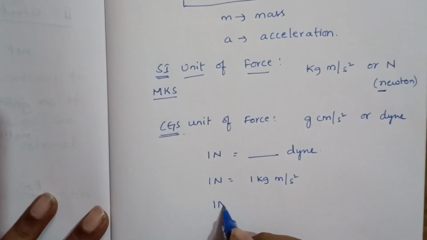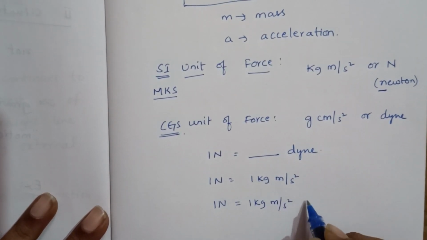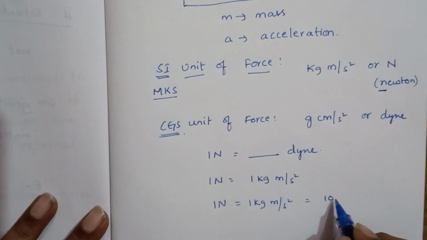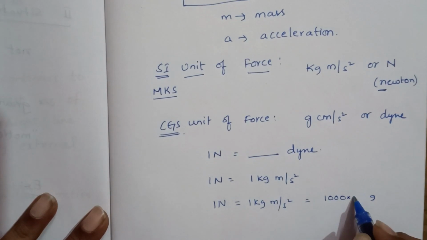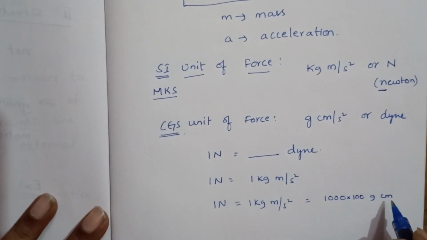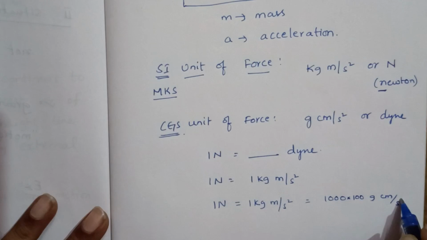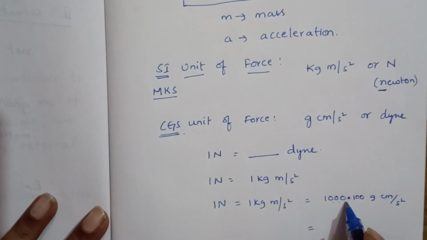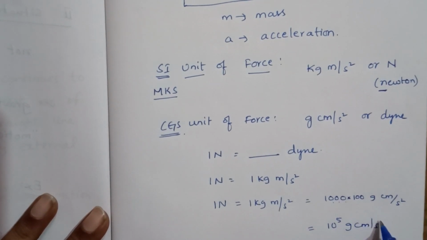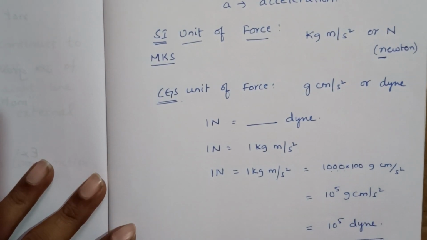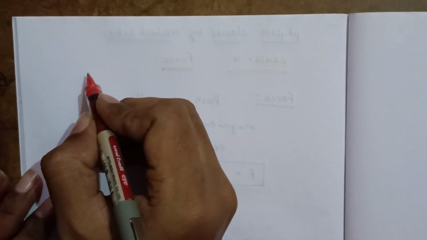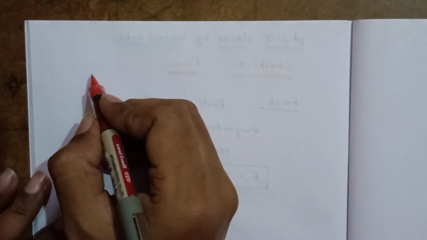So 1 Newton equals 1 kg meter per second square, that equals 1000 grams into 100 centimeters by second square, which is 10 power 5 gram centimeter per second square, or 10 power 5 dynes. This is about force.